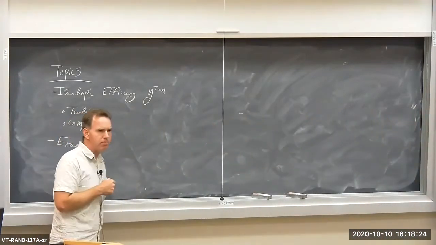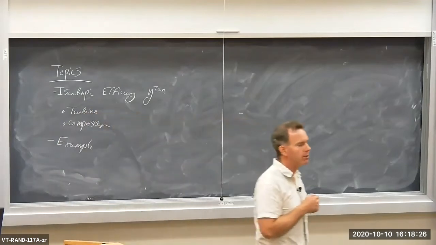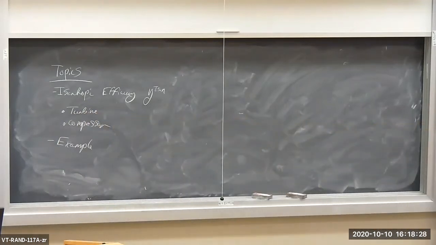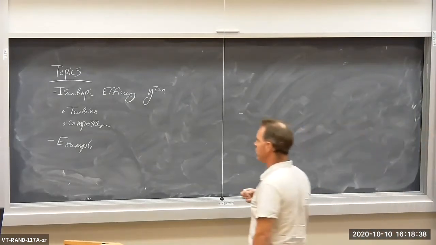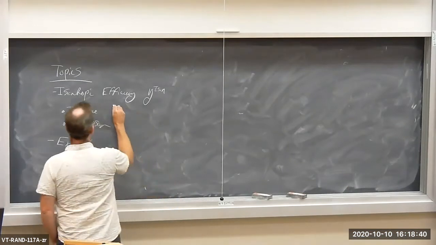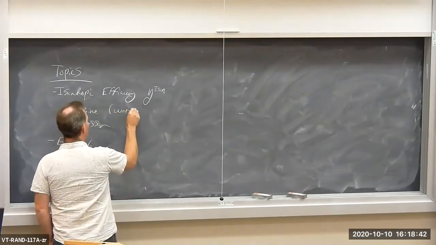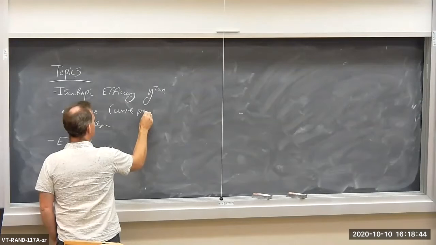Isentropic efficiency is basically a work or a power divided by a maximum work or power. Okay, that's the way we understand efficiencies. We'll talk about this in a moment. So we'll define isentropic efficiency for a work-producing device, a turbine. So remember, turbines are work-producing.